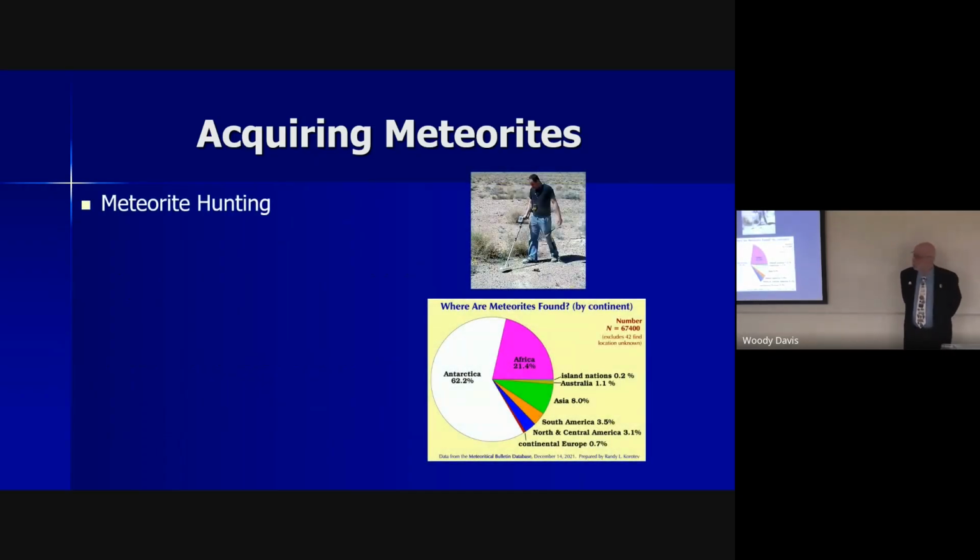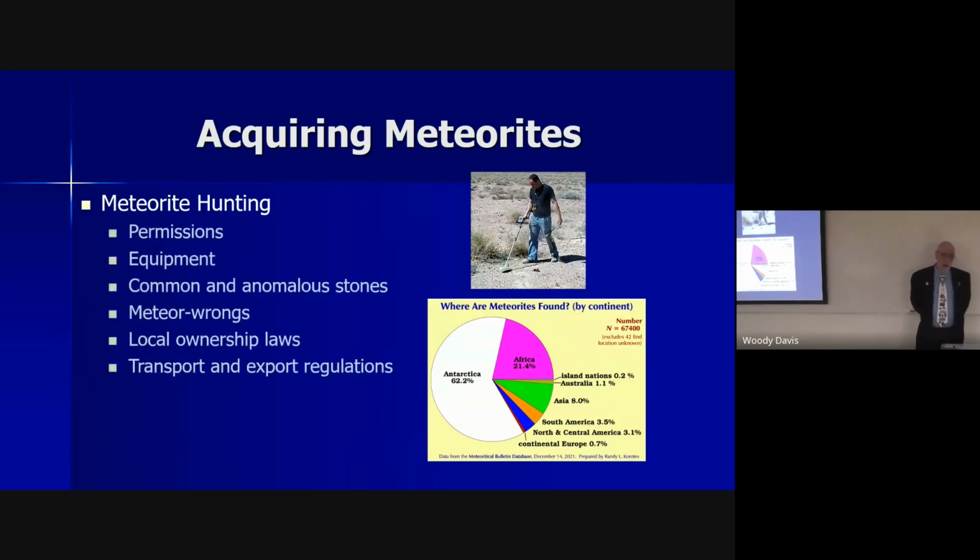So, I'll just mention a few things about meteorite hunting. If you are interested in hunting for meteorites, talk to me afterwards, because I can clue you into a hangout where you can actually talk to people who've done meteorite hunting in the United States here.